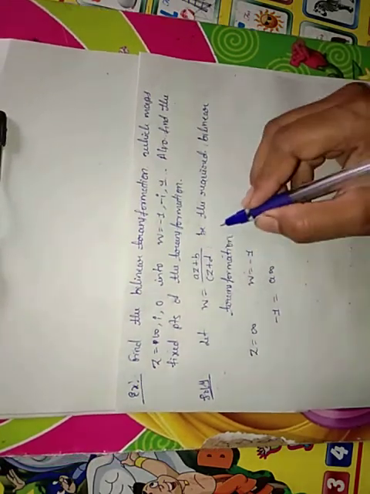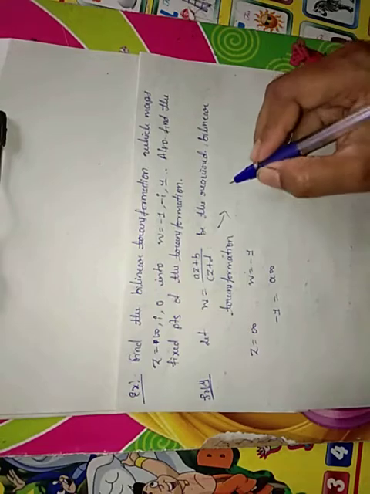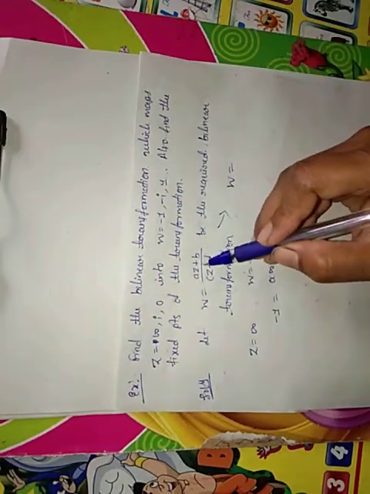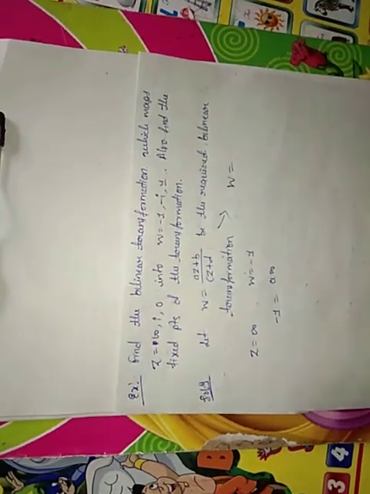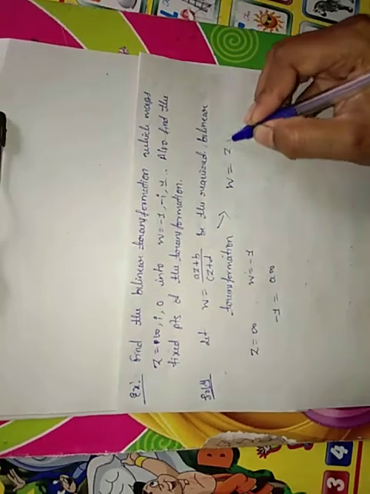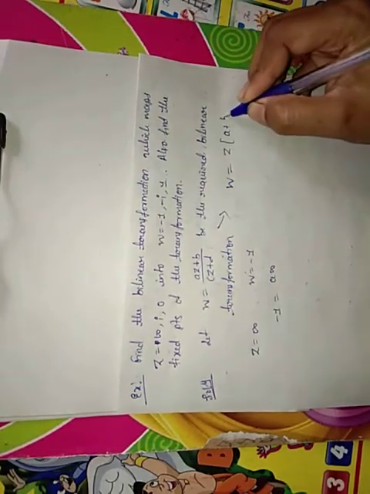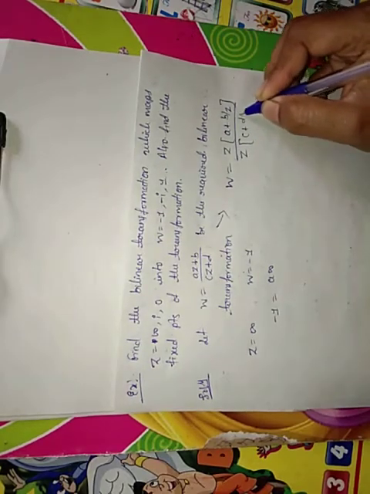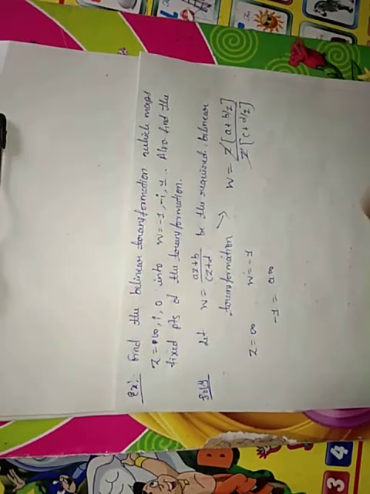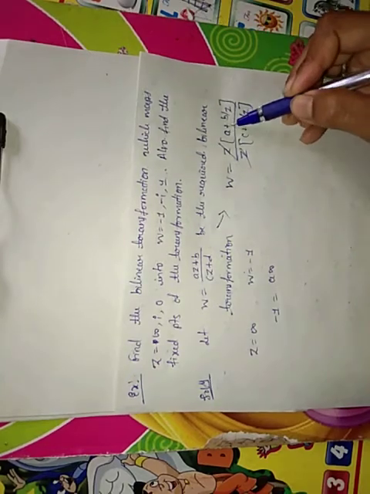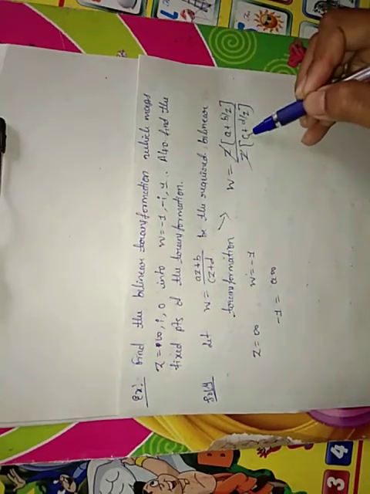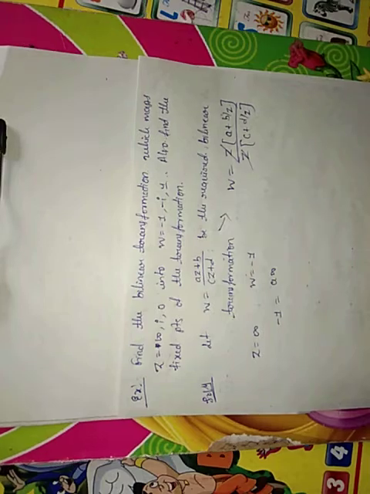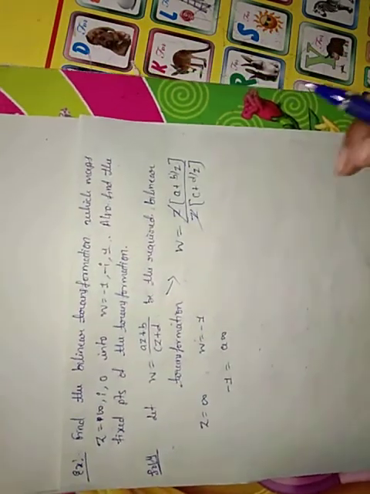So I rewrite this bilinear transformation as w equal to, taking z common in both numerator and denominator, a plus b by z divided by c plus d by z. Z cancelled. So w equal to a plus b by z divided by c plus d by z. That is our bilinear transformation.